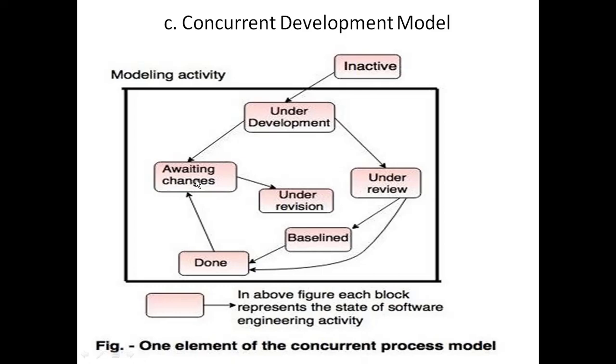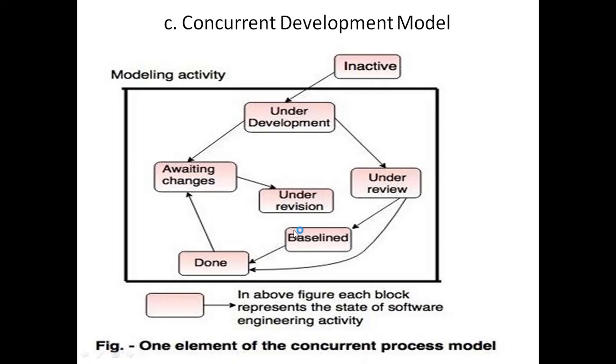Okay, so this was awaiting changes. If the product has no changes, then it is put under the review category, which is done by the stakeholders. If the stakeholder finds that there is no change, then it passes the product to the done phase. Whereas if it finds that the user requirements are still missing, then it puts it into the baseline phase.